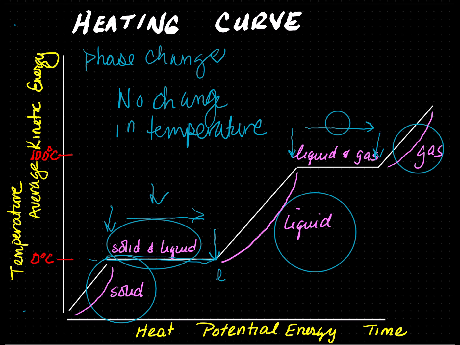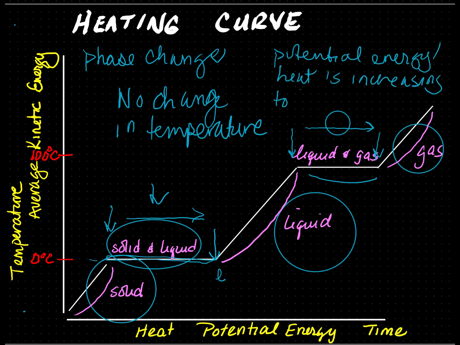Same thing happens when it's vaporizing at the boiling point. It is flat. The temperature remains 100 degrees. So during a phase change, there's no change in temperature, but what is changing is potential energy. So potential energy or heat is increasing to break bonds or decreasing to make bonds stronger.